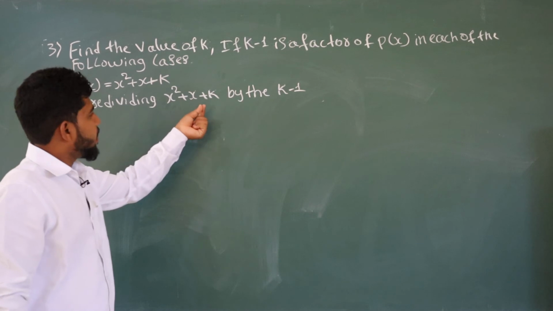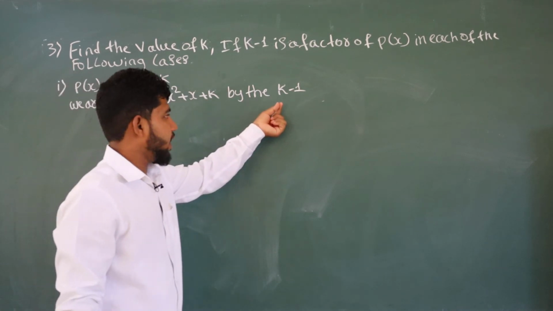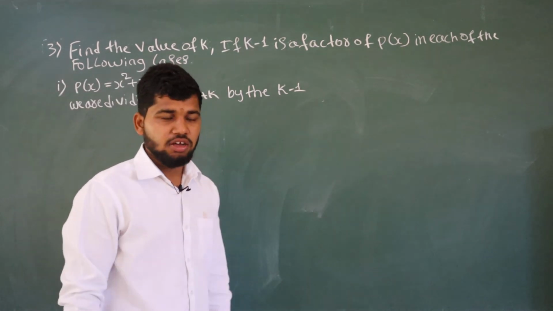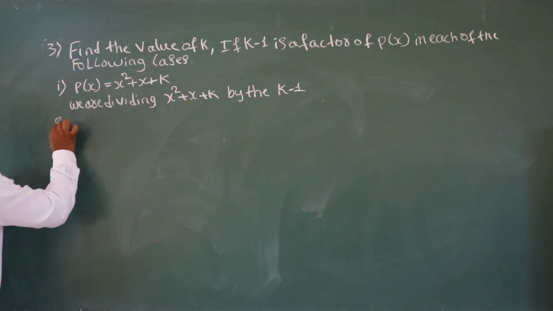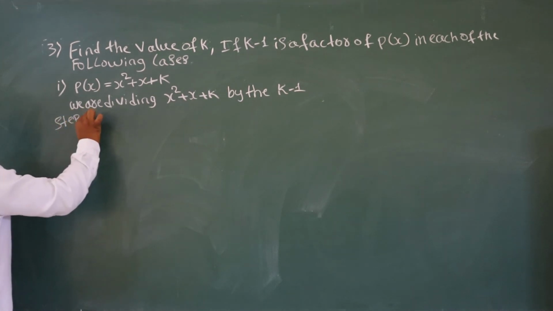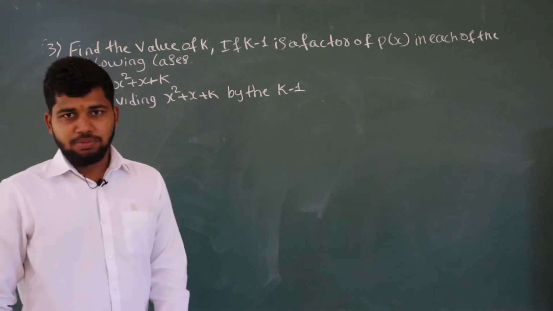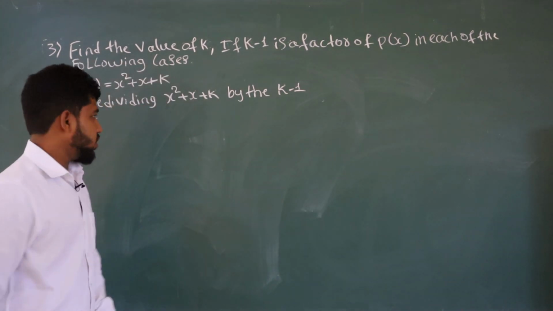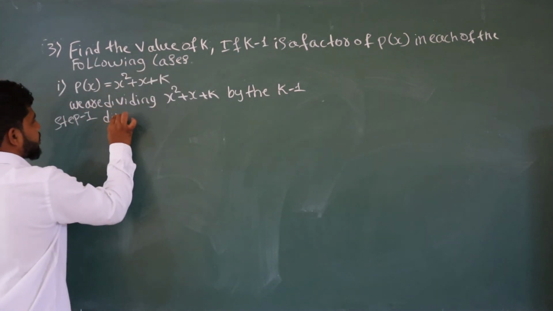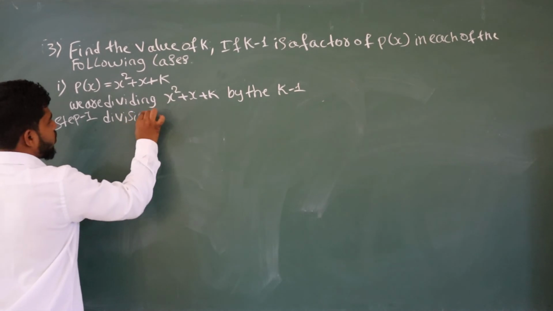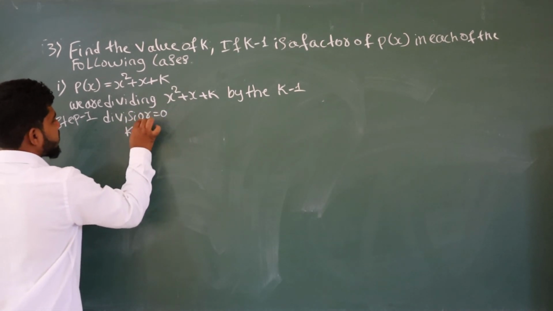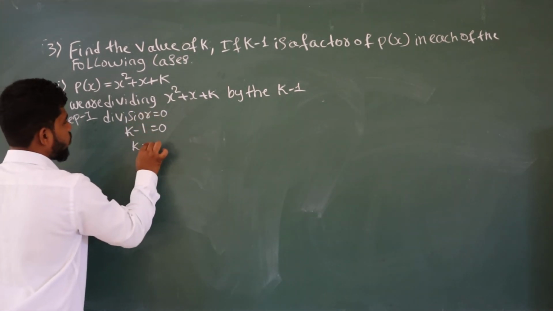X square plus x plus k is the dividend and x minus 1 is the divisor. Now step 1, if you are taking the divisor equal to 0, now x minus 1 is equal to 0, x is equal to 1.